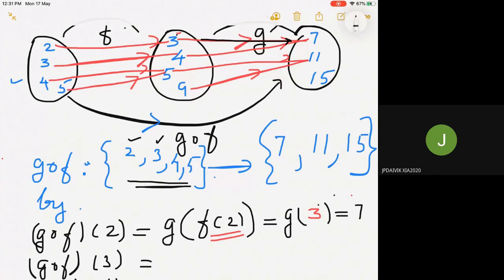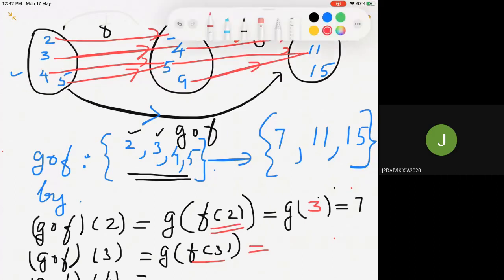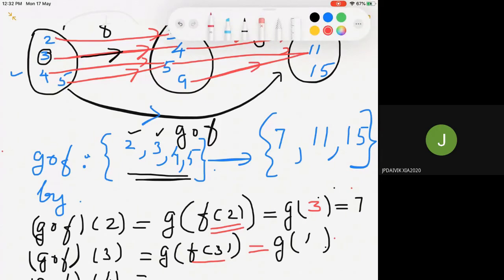Now similarly, g dot f of 3, it is by definition, it is g of f of 3. Now you will write what is f of 3. f of 3 क्या आएगा? g को हम कुछ नहीं करेगा. g of f of 3. f of 3 is 3 का इमेज ये है, and this is a function going under f. f of 3 is 4.